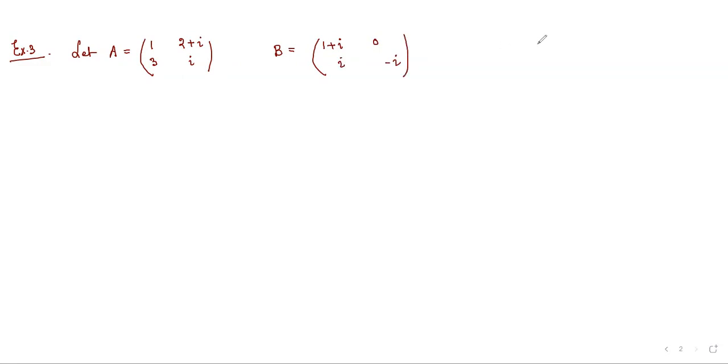Okay. Now you are supposed to compute the norm of the matrix A, the norm of the matrix B, and the inner product of the matrix A with the matrix B. How will you do it? Any guess?